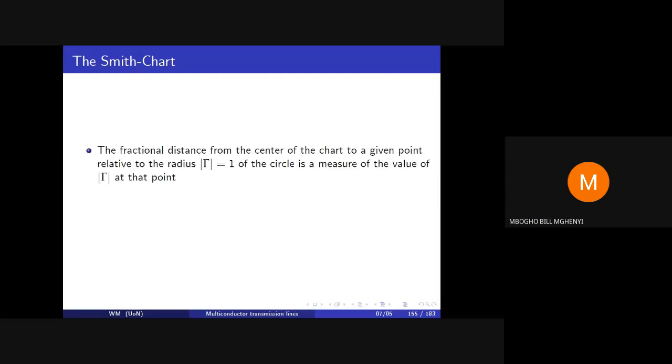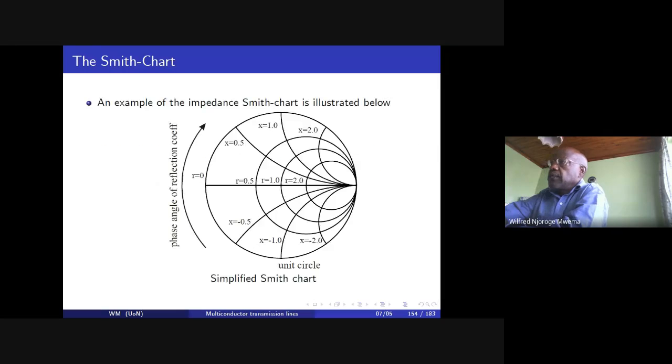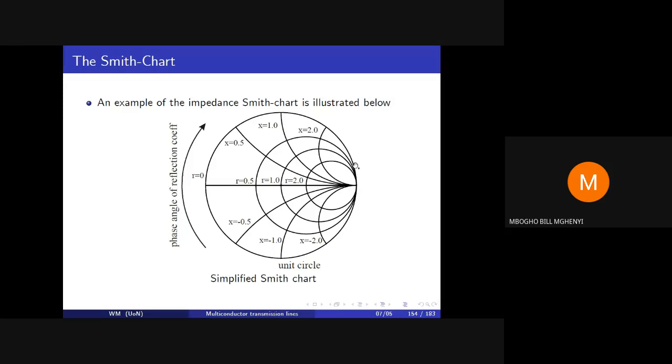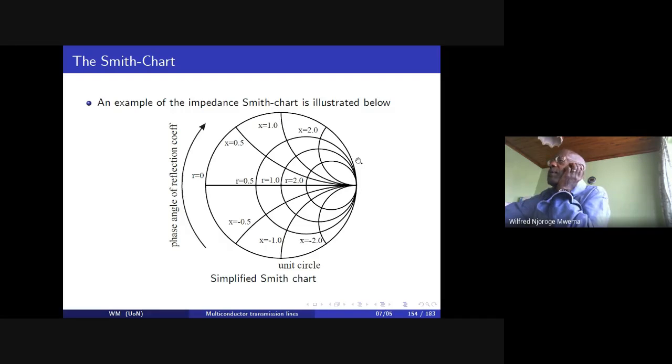Excuse me. Is there any particular reason for the imaginary arcs that are tangential to the horizontal line for the real part? Which ones? The arcs. Yes, those arcs. Is there any particular reason they're tangential? Yes, there is a reason.